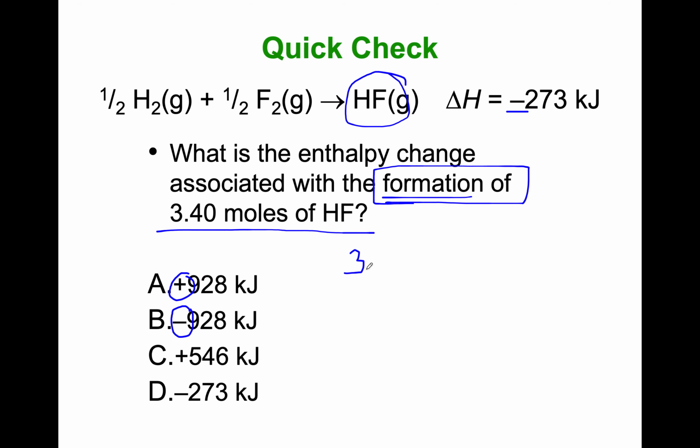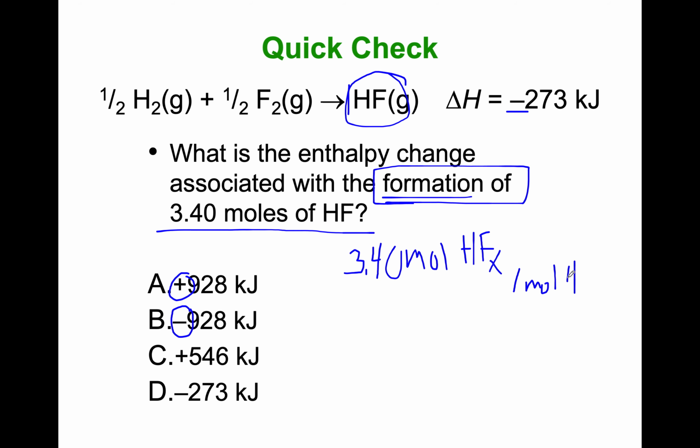In this case, formation, that's going to be a negative number because we know that's going to be exothermic. And if we have 3.40 moles of HF, then we need to multiply that by the stoichiometry. So this equation has 1 mole of HF, and it's common because we're used to going to mole ratios.